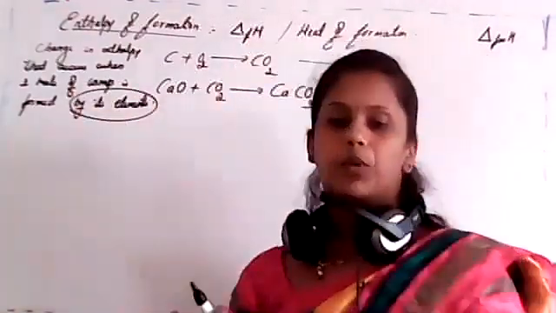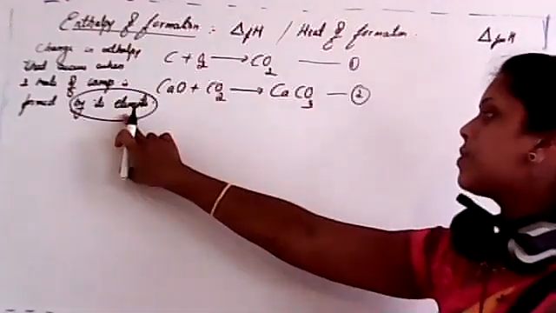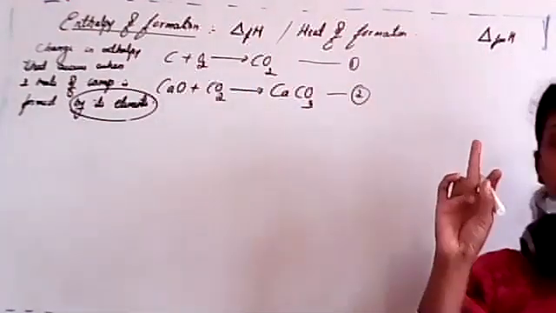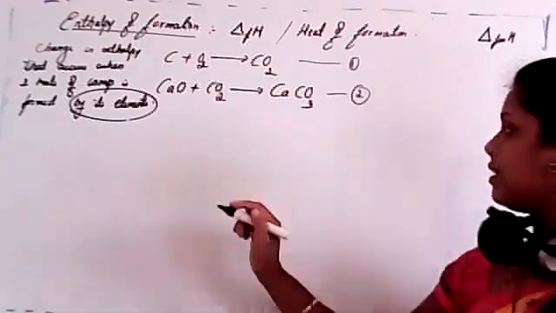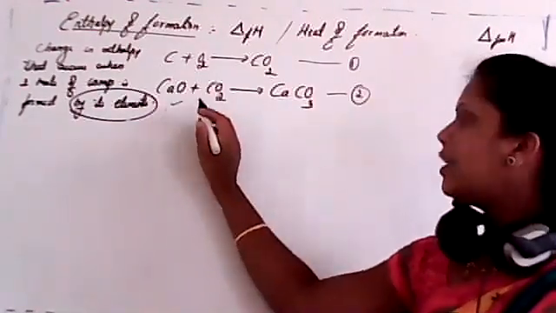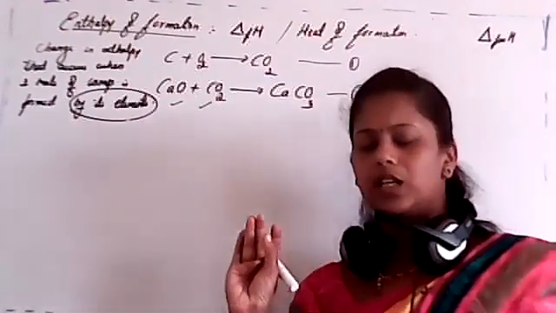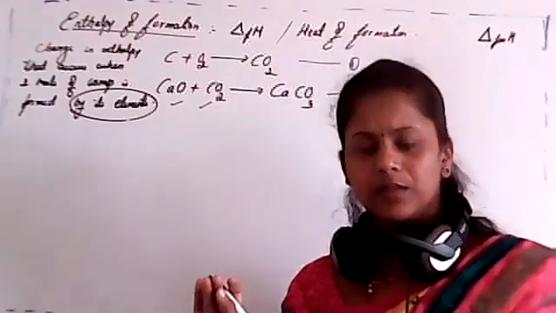This is very important, student. You have to consider 1 mole of substance formed from proper elements. In the second one, these two are again compounds. Calcium oxide is a compound, carbon dioxide is also a compound. You know the difference between compound and element, isn't it?